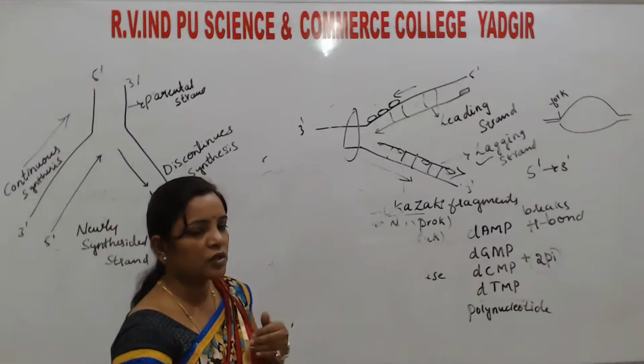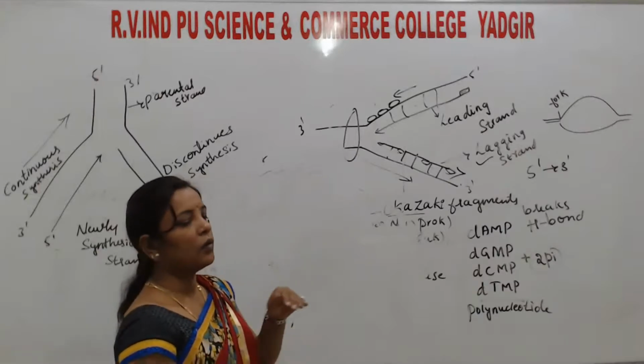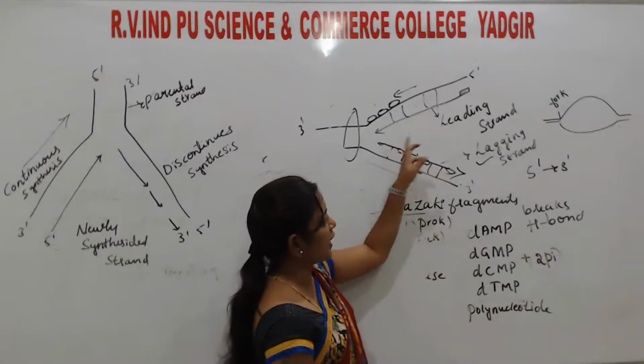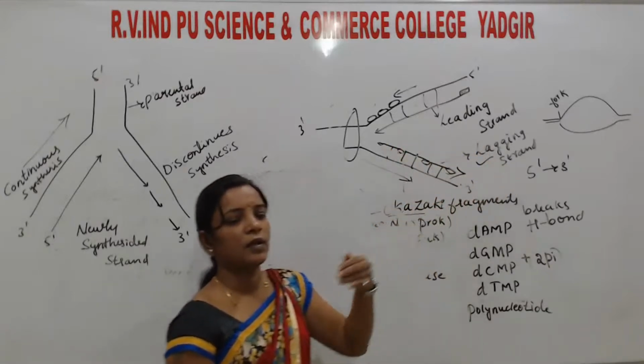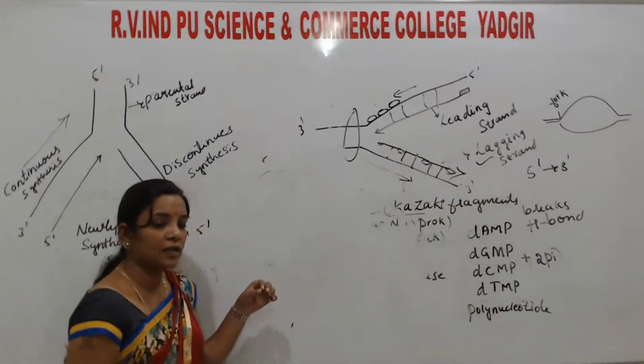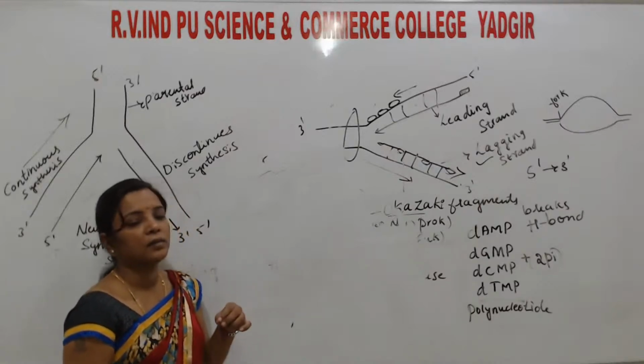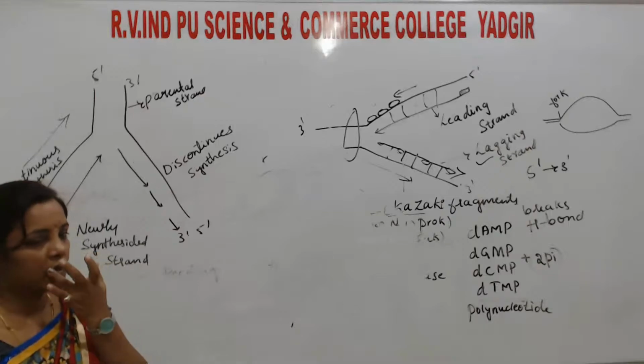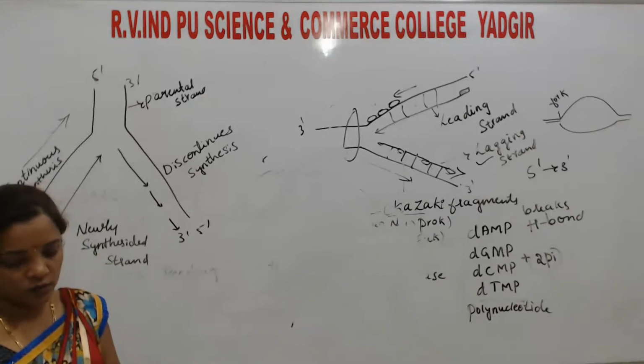Hydrogen bond formation has taken place, but the fragments have to be converted into an elongated strand using DNA polymerase enzymes.